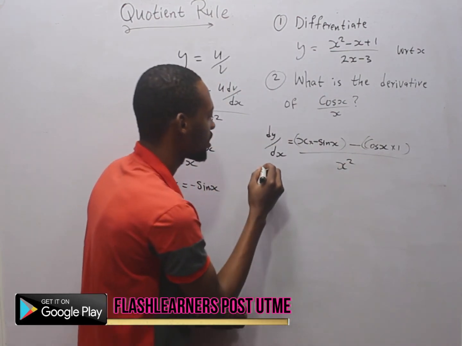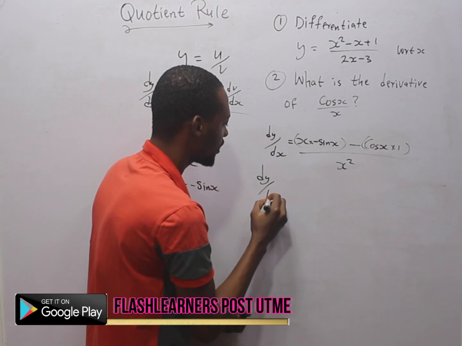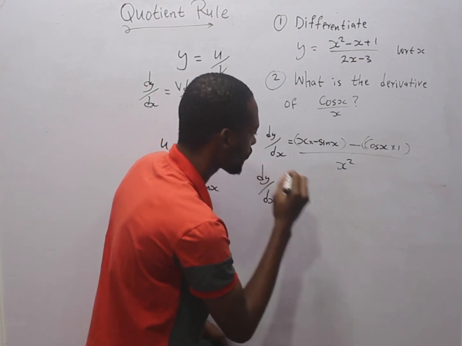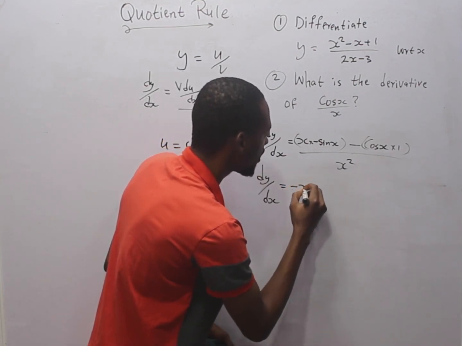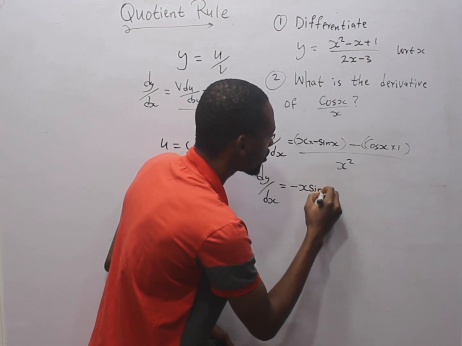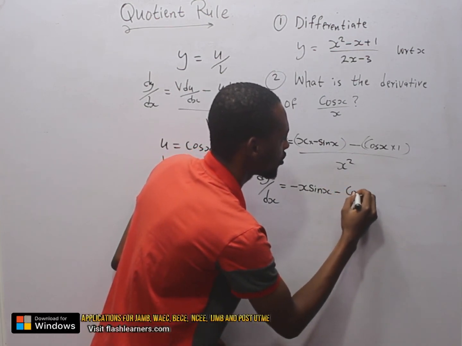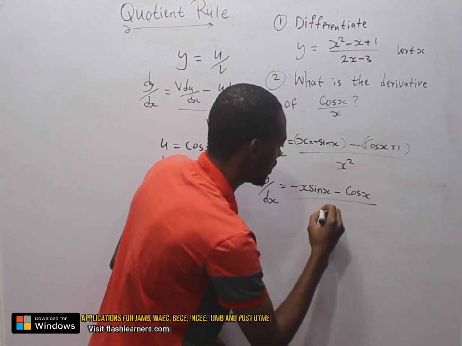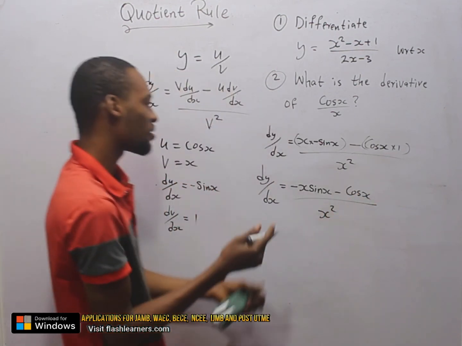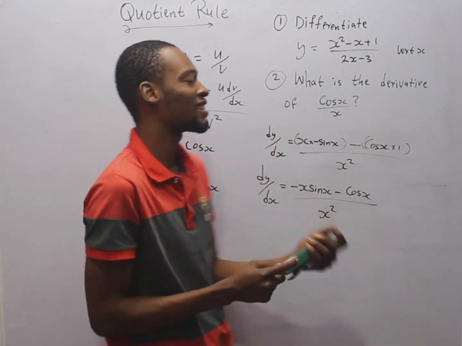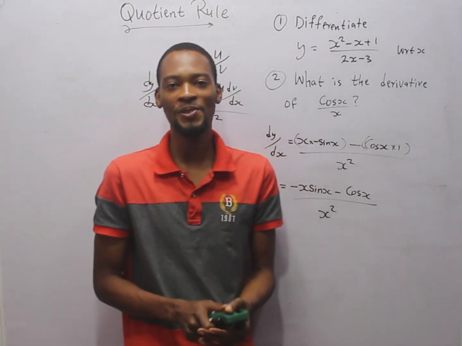This is the same thing as dy over ds equals minus s sine s minus cos s all over s squared. You see, we've been able to solve that using the quotient rule.